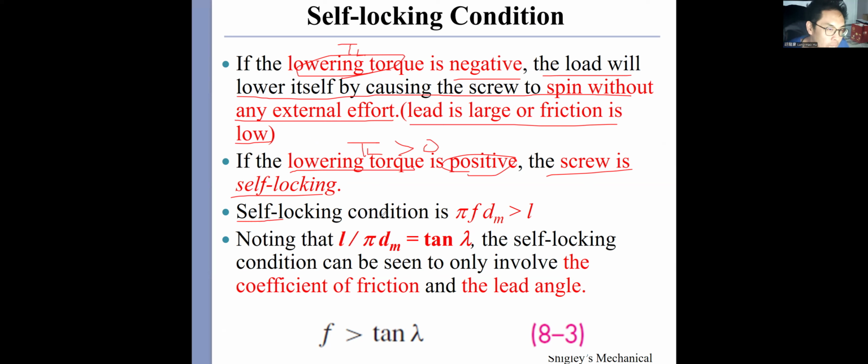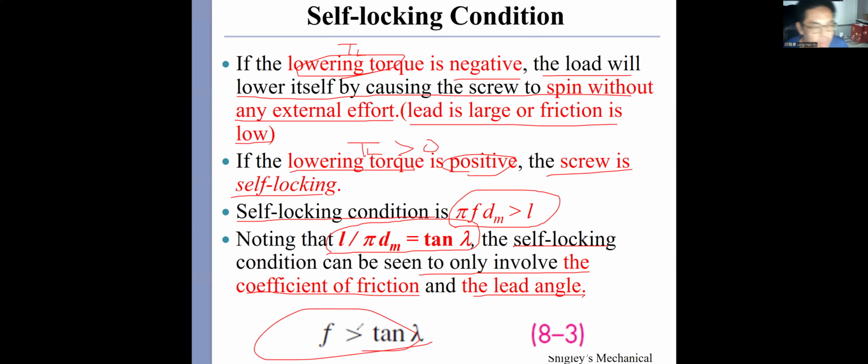Therefore, the self-locking condition is defined as pi f dm greater than L. Noting that L over pi dm equals tangent lambda, the self-locking condition only involves the coefficient of friction and the lead angle. When this condition is met, the self-locking condition occurs.